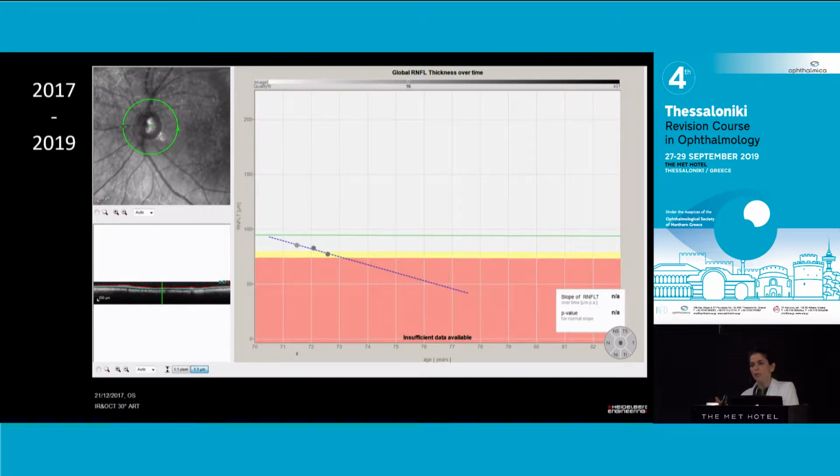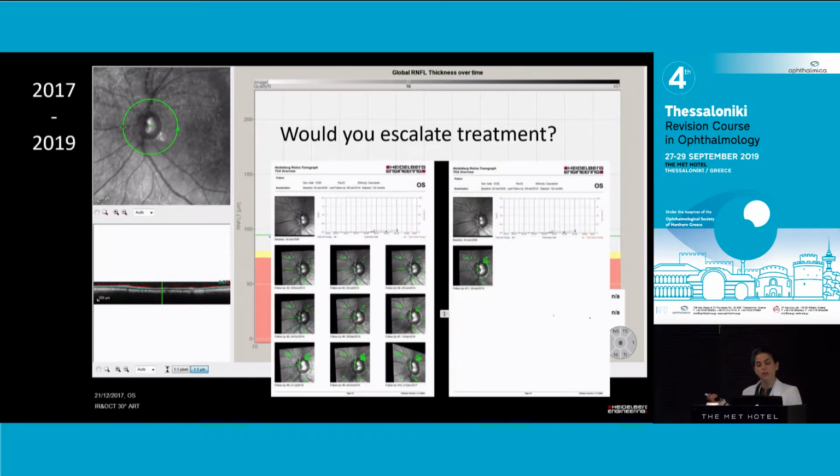It's debatable, because if you already know that he's been stable on that pressure for 10 years, what makes you think that they are getting worse in 2 years? I would probably watch, maybe a little bit closer. But then again, it's something that you would have to discuss with the patient.